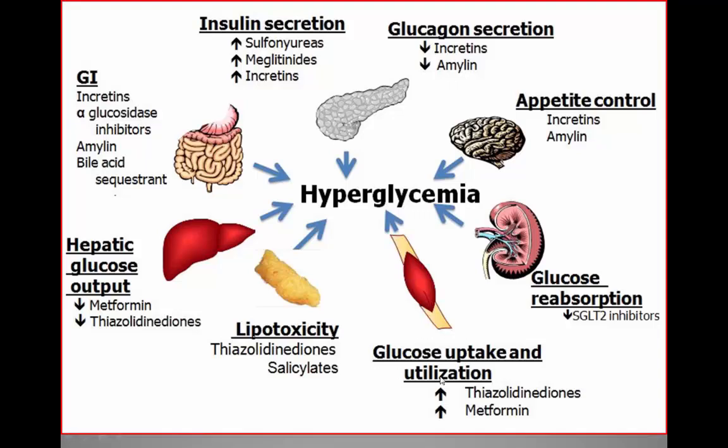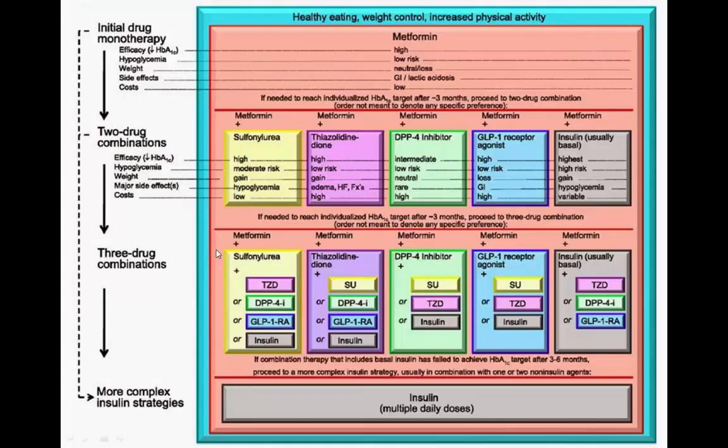They produce glucose uptake and utilization, as well as metformin. So metformin and glitazones do not produce insulin secretion. Metformin also decreases hepatic glucose production. So again, you could do initial monotherapy, a two-drug combination, or a 3-drug combination, and or combine them with insulin as well.